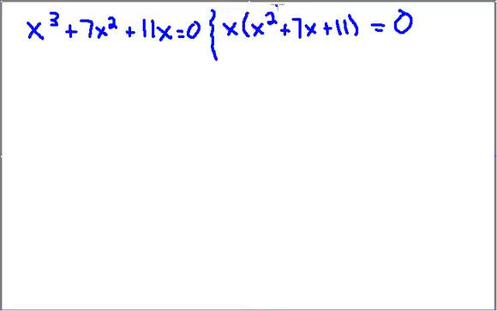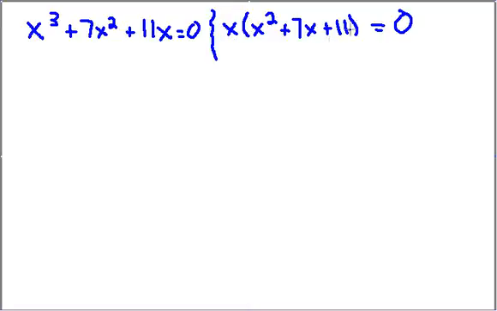Well, what we have here is a quadratic equation within the parentheses here. But before we even try to use the quadratic formula for this quadratic equation, what do we know right off the bat is a value for x that will make this equation equal to 0? Well, we know that if x is 0, that'll work, because remember, anything times 0 is 0.